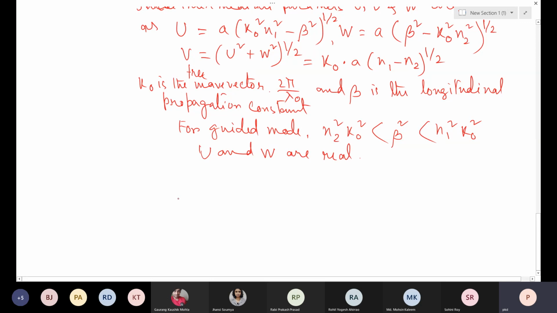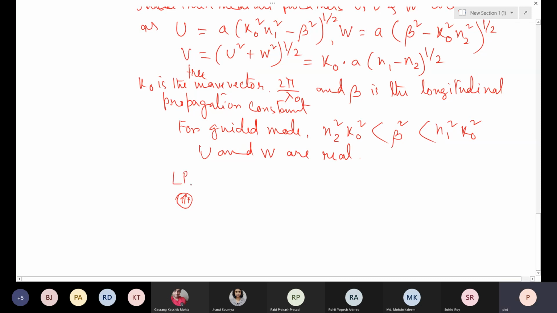So if the waveguide diameter is very small and n1 minus n2 is also very small, in such cases what will happen is that there will be a single spot at the output of the optical fiber if you project onto the screen.